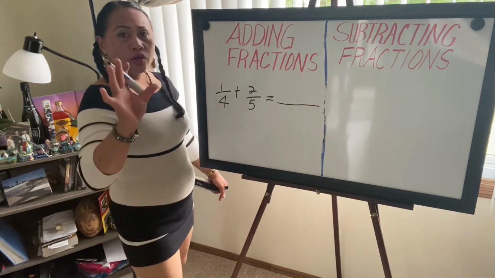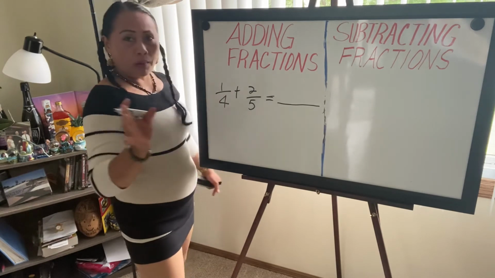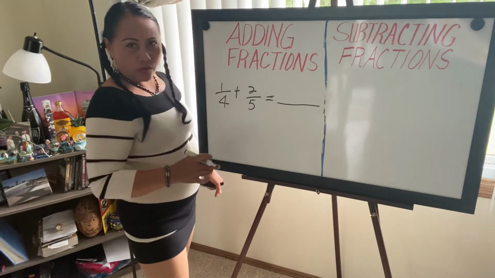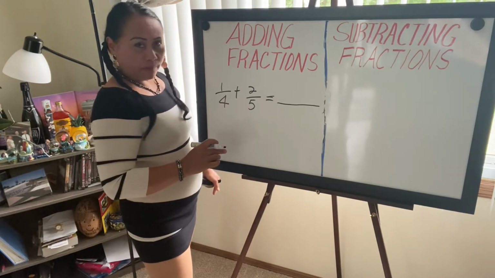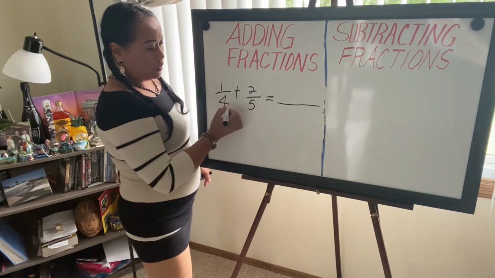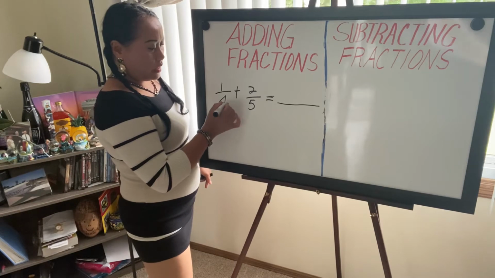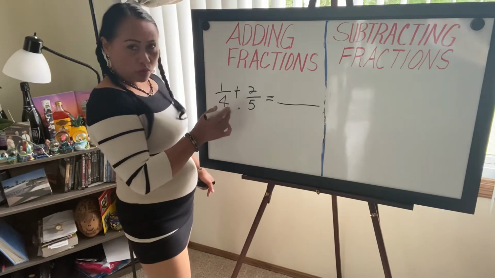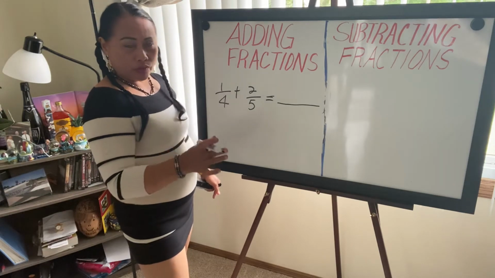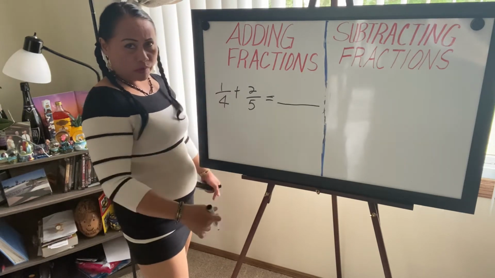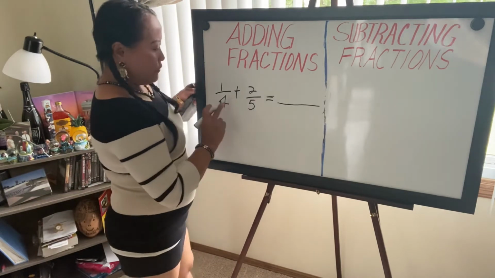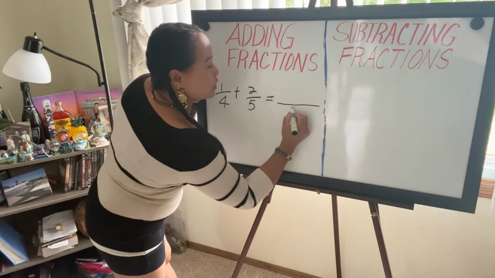Or you can just multiply 4 times 5. If you multiply both denominators, it always works. But you have to reduce it into the simplest form. Okay, 4 times 5 equals 20.